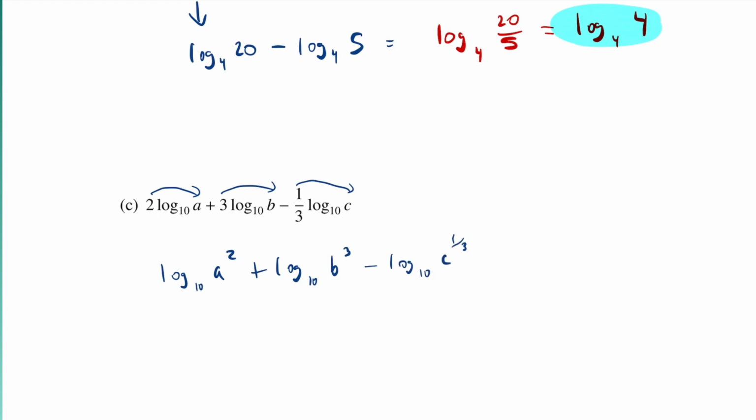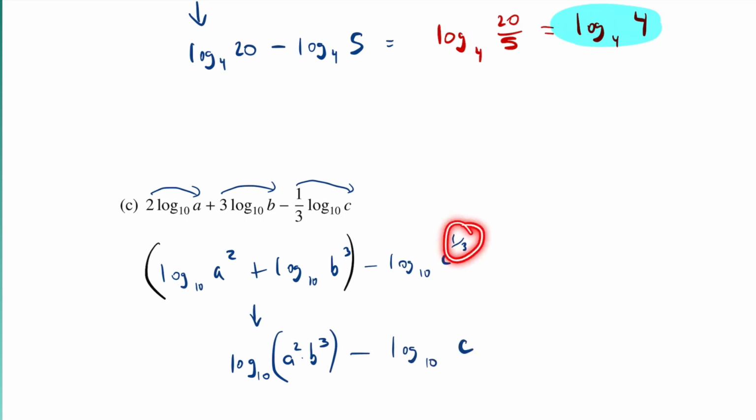All right, so let's combine the first two logs first. Because of the addition sign, that means we're multiplying these two. So we end up with log base 10 of a squared times b cubed minus log base 10 of c to the 1/3.